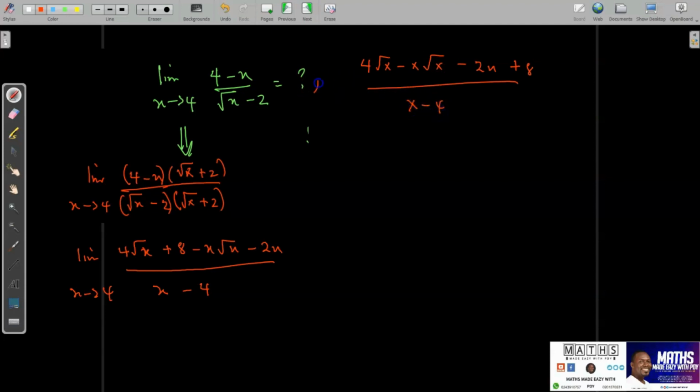And remember, the limit sign is the limit as x approaches 4. Let me edit this side.